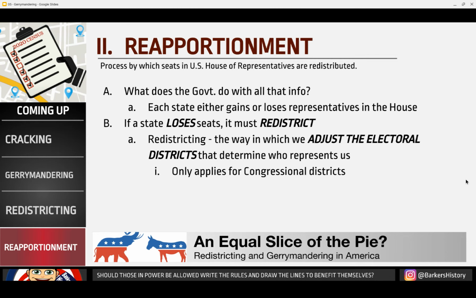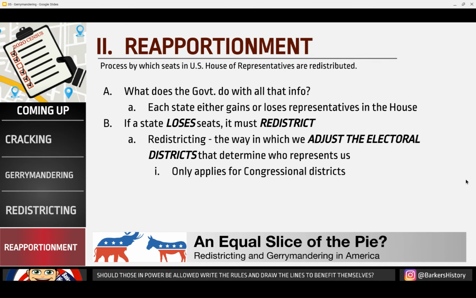So somebody who is from, let's say, Northeast Ohio is not necessarily representing the entire state of Ohio as much as they are their congressional district in Northeastern Ohio. And so redistricting is a way to adjust the electoral districts, right? And so reapportionment comes from, if you have to reapportion, then you're going to have to redistrict.